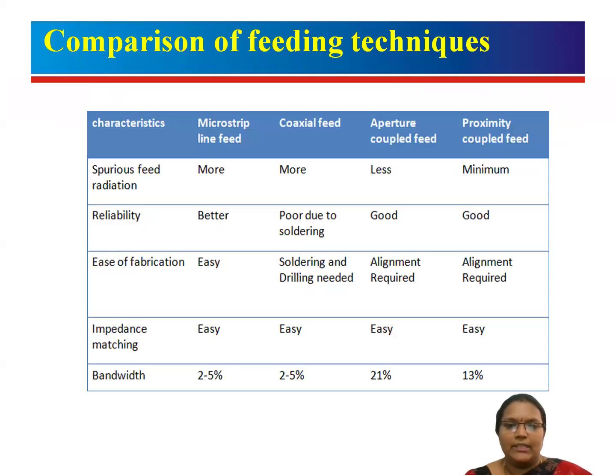Coming to the impedance matching, the impedance matching is easy in all the four feeding techniques. Bandwidth is 21% in aperture coupled feed and it is 13% in proximity coupled feed. But in coaxial and microstrip line feed, both these are same.